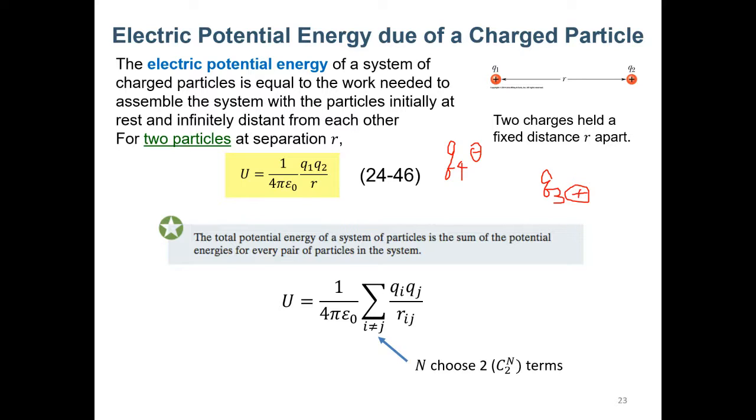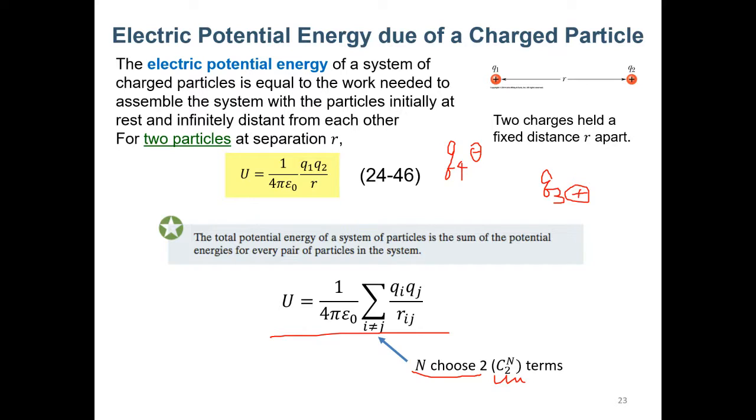So the total energy of a system of particles is the sum of the potential energy for every pair of particles in the system. You can see the summation here. It says i is not equal to j, which means there will be something like n choose 2 terms.